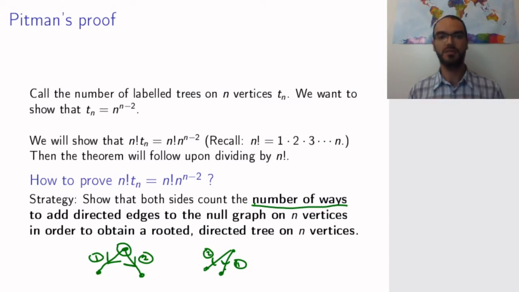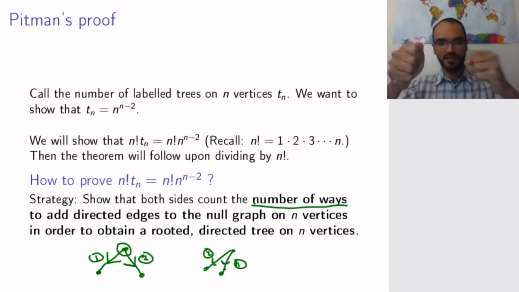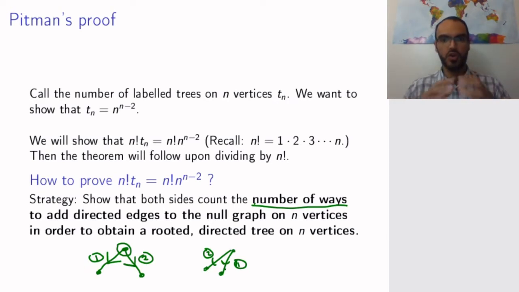So we will now count the number of ways to add directed edges to the null graph on n vertices and no edges until we obtain, as a result, a directed tree on n vertices.